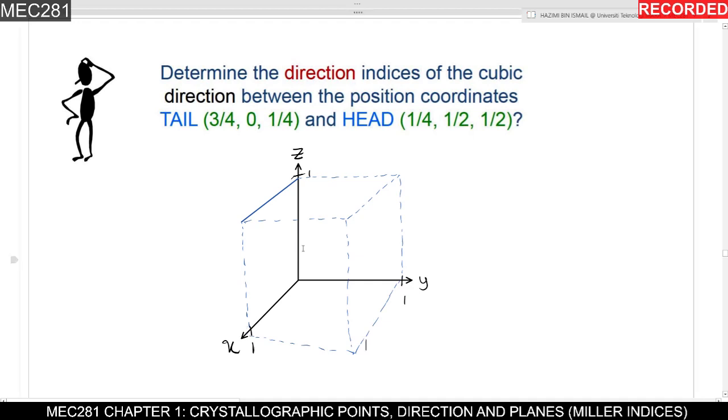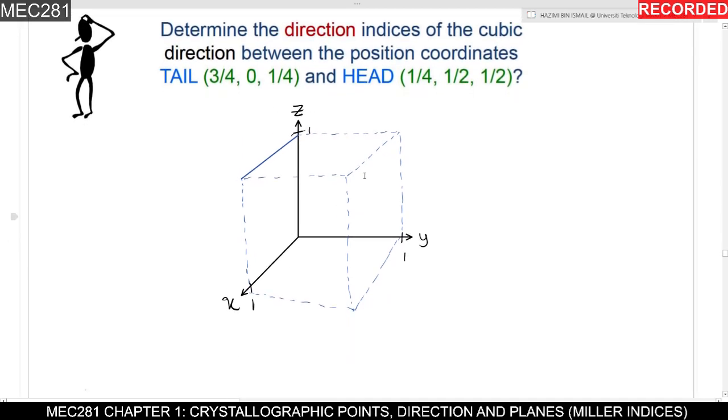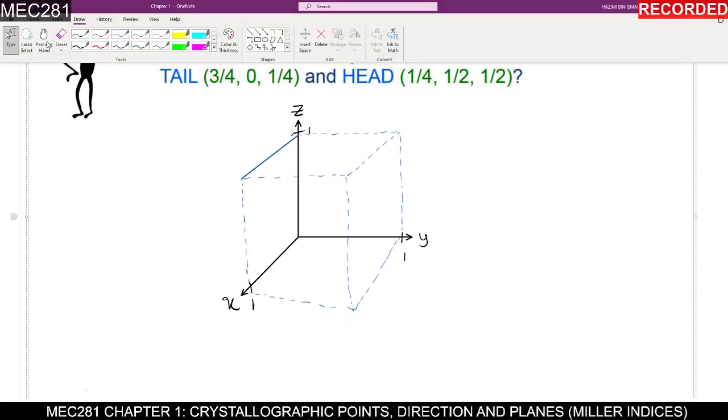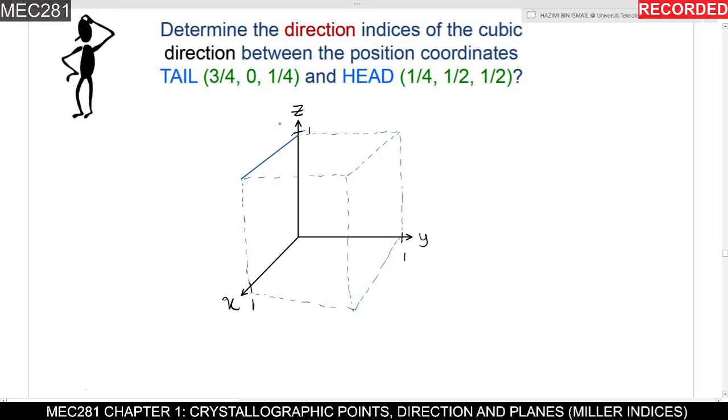Okay. Let's say this is the cube. So we have to put the value of, I use the red. Okay, red color. So this is half. This is half at the y-axis, and on the x-axis this is half.